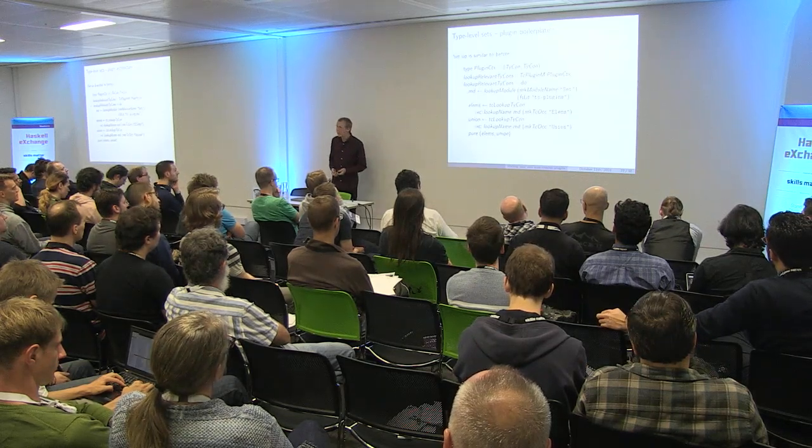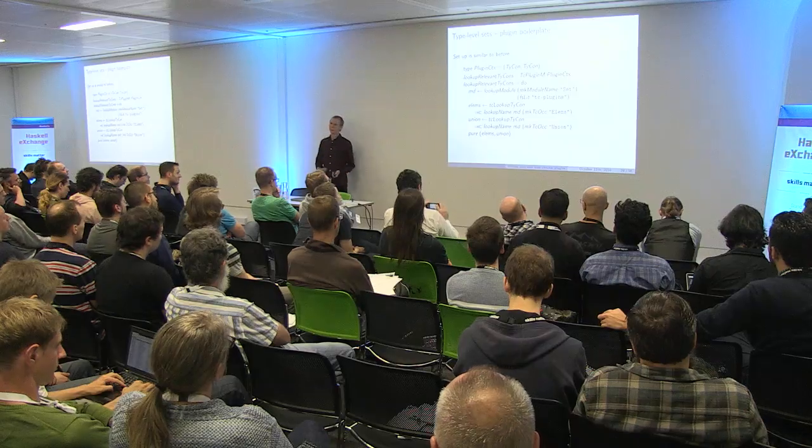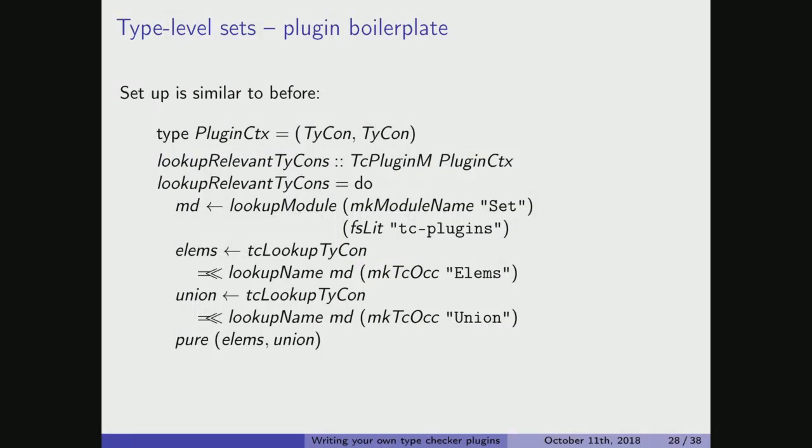So a lot of the boilerplate that we saw for the natural numbers example carries over to this example. Again, we have to look up the type families that we care about and pass them around to all the functions that we will be defining later.